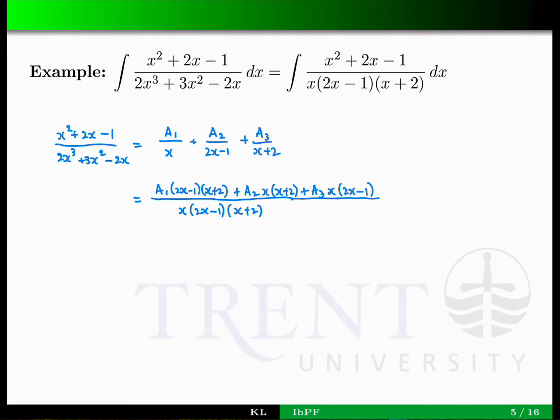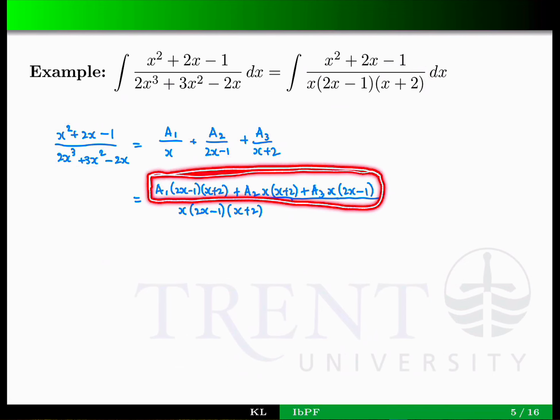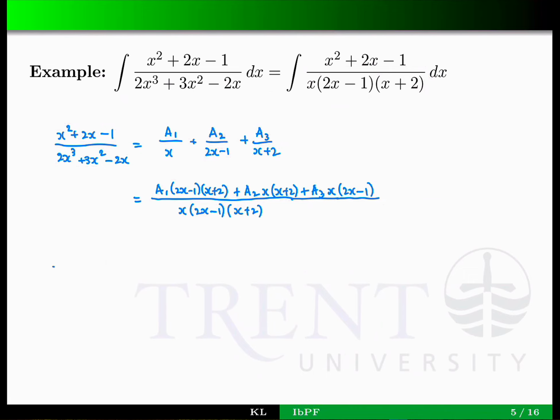Now, the next thing to do, one way is to multiply and combine this expression and simplify. And then you will compare coefficients. You want this expression here to be equal to this expression. Meaning, you got your x squared plus 2x minus 1.